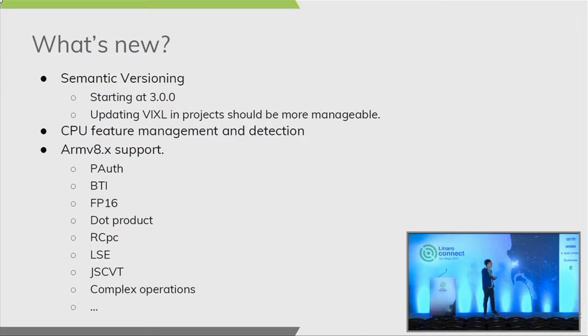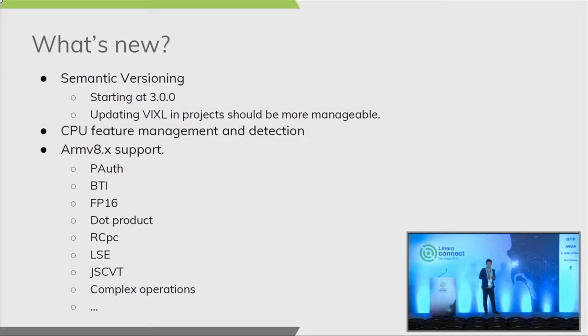Okay, this significant feature has already landed in our VIXL. We're starting at 3.0.0. We adopt semantic versioning, and we will release new packages that way. The numbers mean major, minor, and patch version.